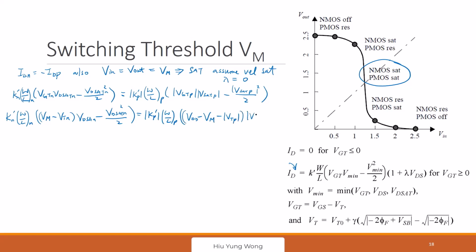And then times VDSATP minus VDSATP squared divided by 2. Yeah, I missed the D here; this should be VDSAT. Is this okay, in terms of substitution?